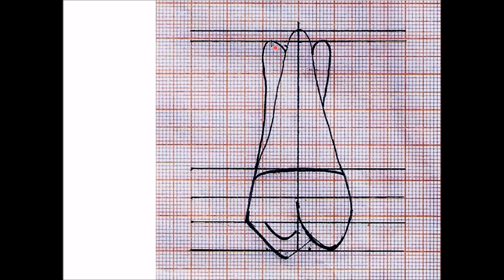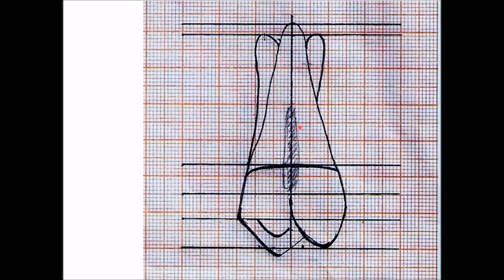For the position of the apex of each root, the mesiobuccal and the distobuccal, I have to go about 7 to 8 millimeters mesially and distally, put a mark and place the apex of each one of these two roots. And also on the root there is a developmental depression on the palatal root, which runs from the middle of the root to the cervical third of the crown. I will draw it like this.